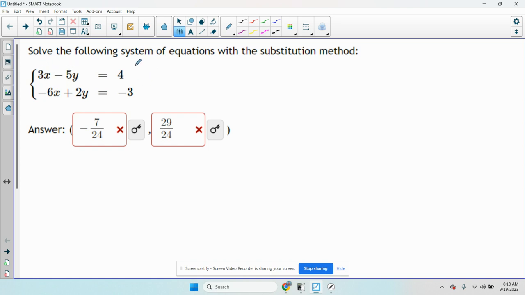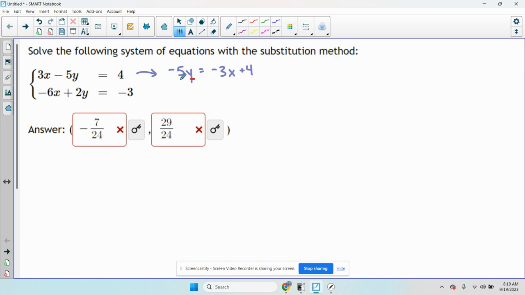I could multiply the first equation by 2 and add them, and then these x terms would cancel out. But let's take this first equation and, I don't know, let's solve it for y. Let's get the y by itself. So I'm going to subtract 3x. So this first equation becomes negative 5y equals negative 3x plus 4.